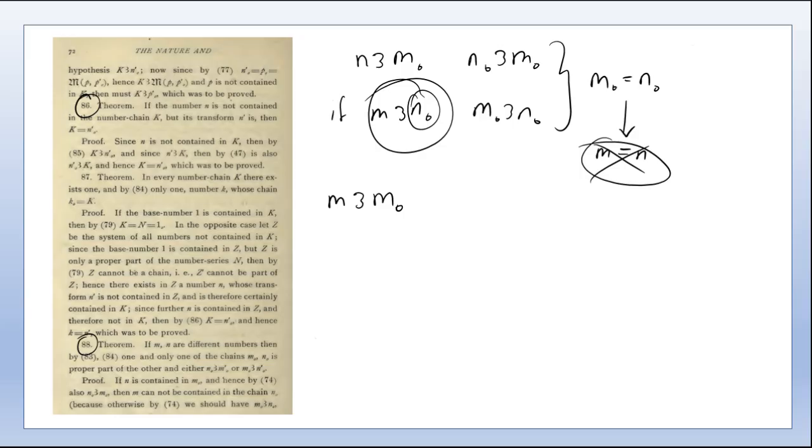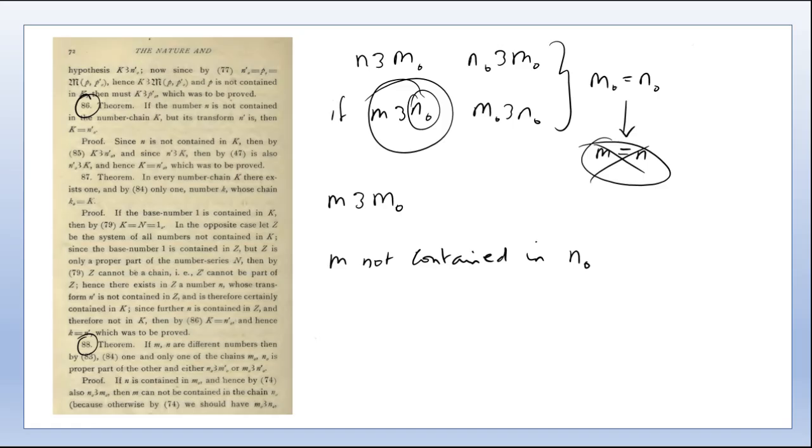What was 85? The number n is not contained in the number chain K, then K is a part of n0. So m is not contained in the number chain n0.